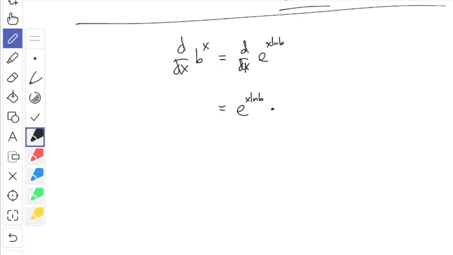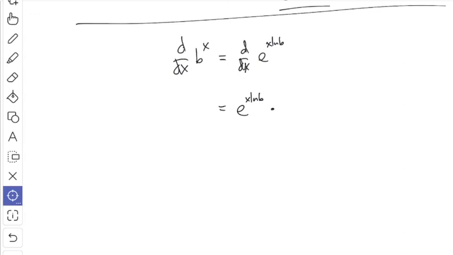This is a little strange because we have the x up there and also the b. I'm taking the derivative where x is the variable, which means this ln b, you should think of it as a constant, right? Whatever the b is, you could plug that into your calculator and get some number. So anyone want to say, what's the derivative of the inside of the exponent here? So the x becomes a 1, but then what happens to this thing?